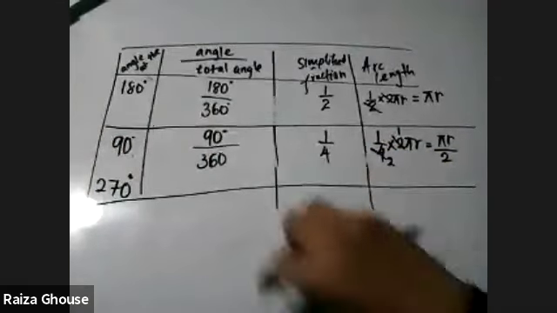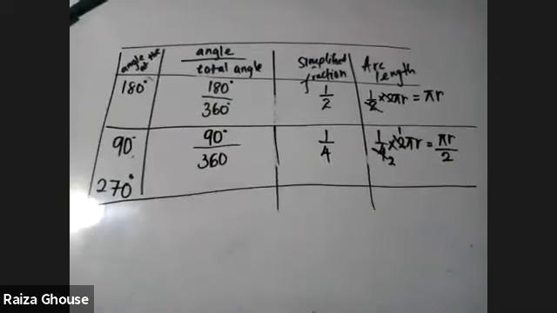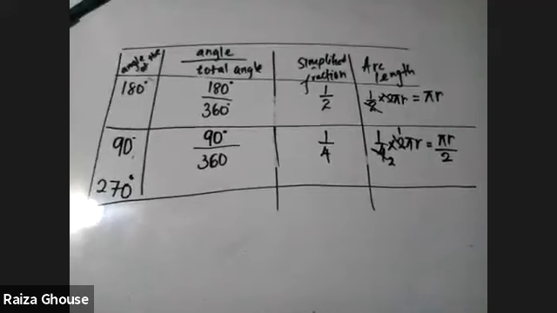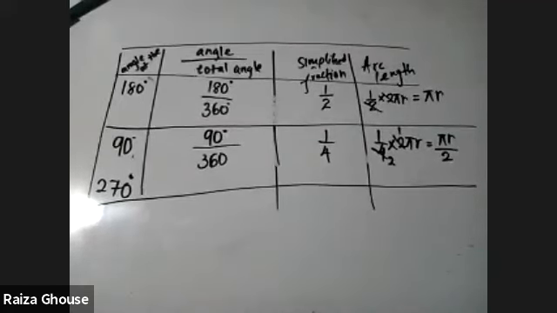270 degrees. So let me ask randomly a student this answer. Okay, who is here first? Ibrahim Malik. Yes, Ibrahim, you have to find the answer for 270 and tell me.